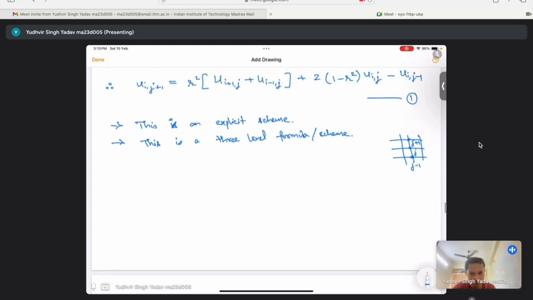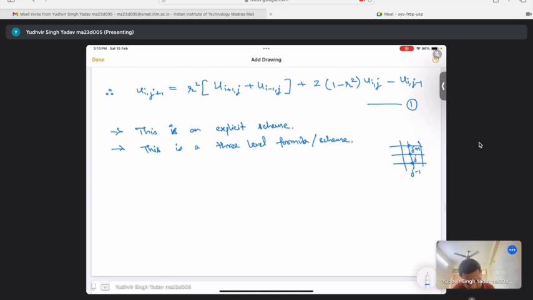You can also see the truncation error for scheme 1. This will be an easier part. You can practice it by yourself. What you have to do is simply take all the right hand side terms to the left hand side and expand these terms using the Taylor series expansion and cancel out the common terms.